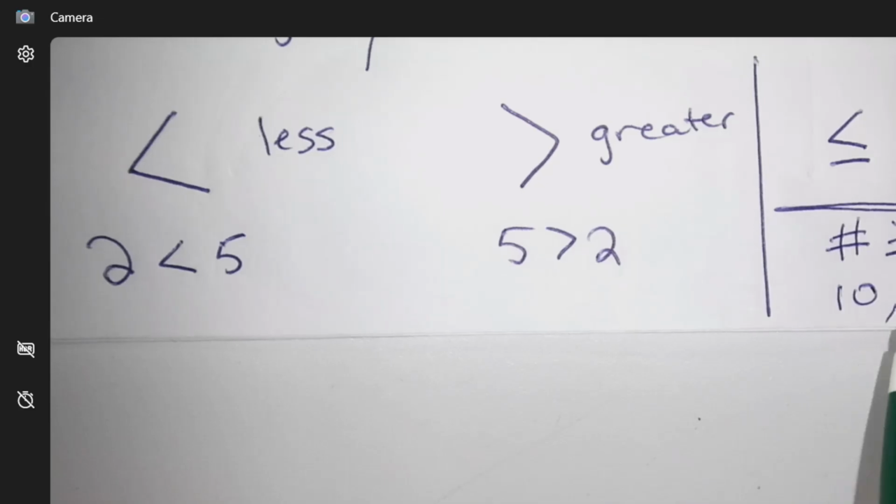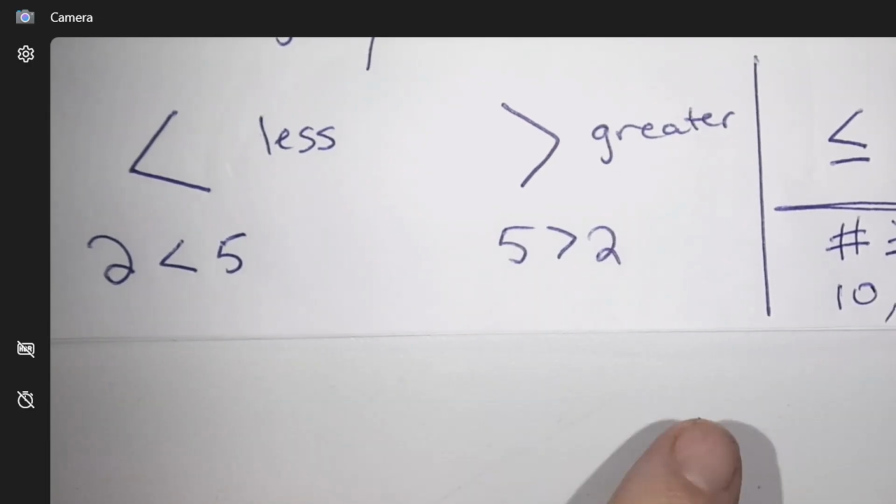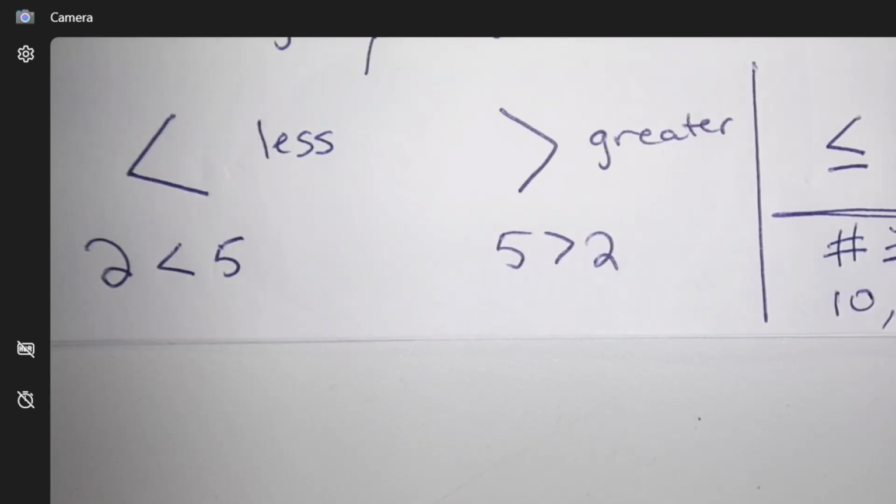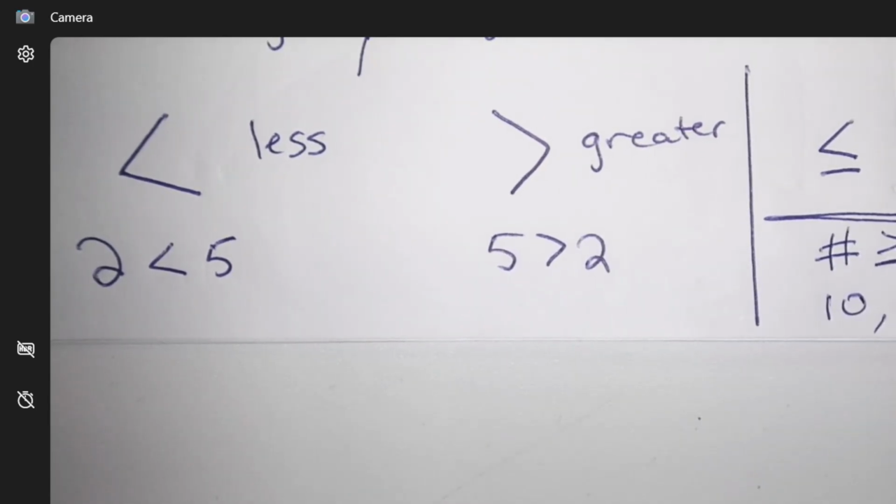So you can be on the number there. If I didn't include it, you wouldn't include 10, okay? All right, I think I'm gonna let you go. Inequality signs should be good now.